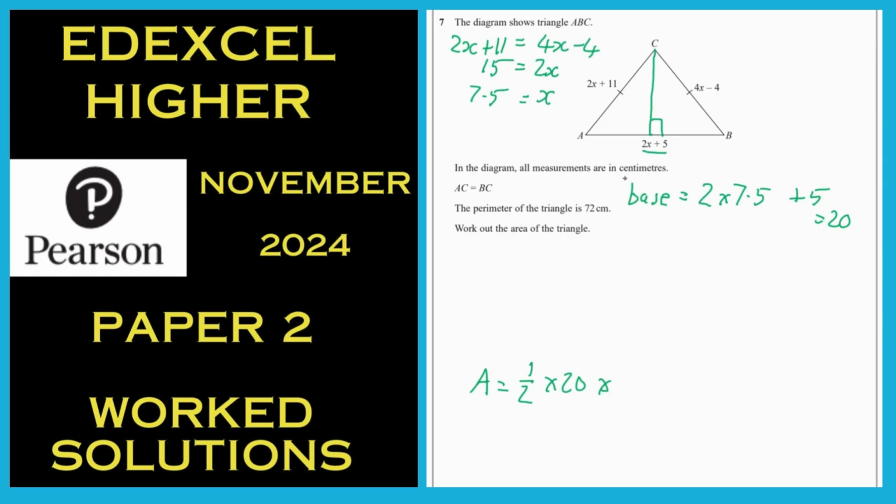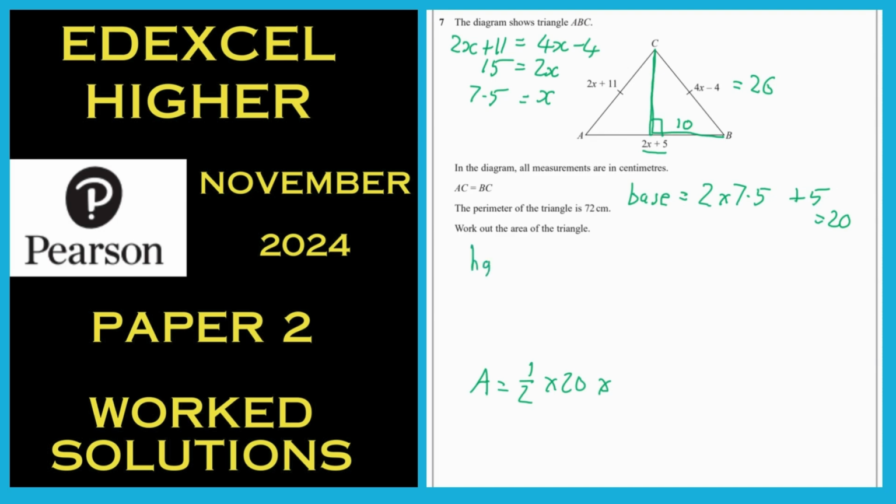we actually need to use a bit of Pythagoras, because we actually do have the length of the hypotenuse. It's 4 lots of 7.5, take away 4, the hypotenuse is 26, which you'd also get if you went for the left-hand side, also 26. The base we know is 20, but if we're going to apply Pythagoras, we're only using half of it.